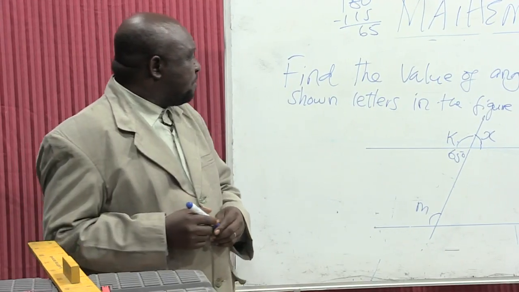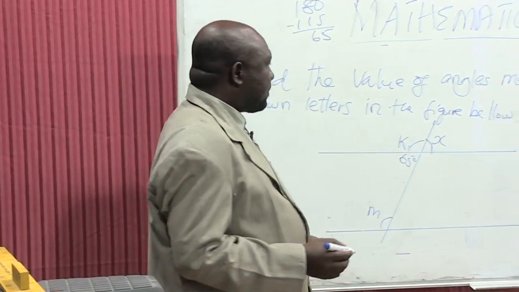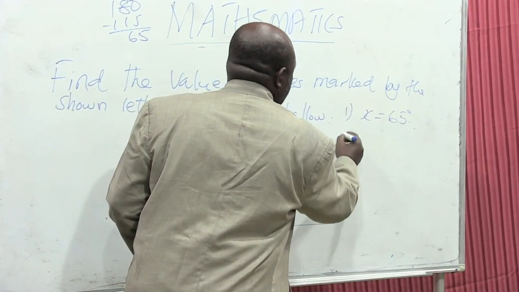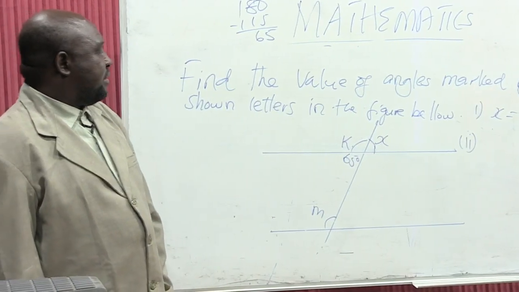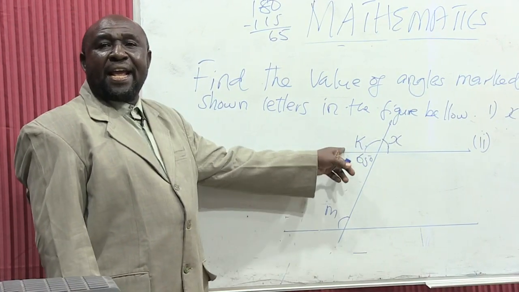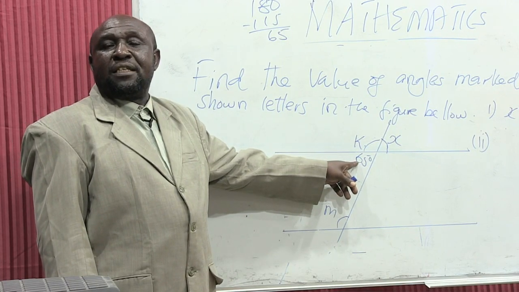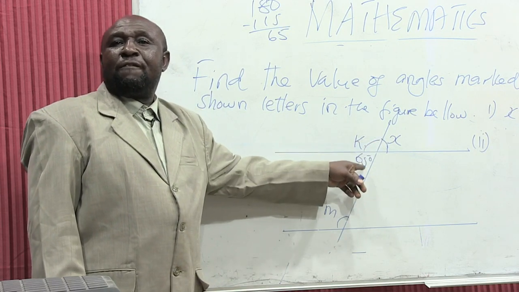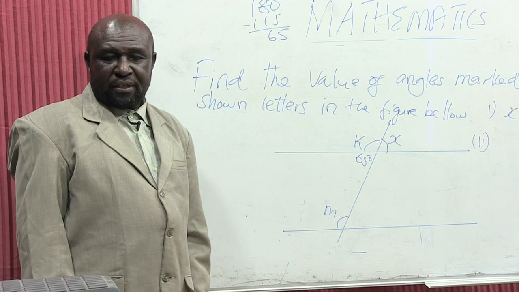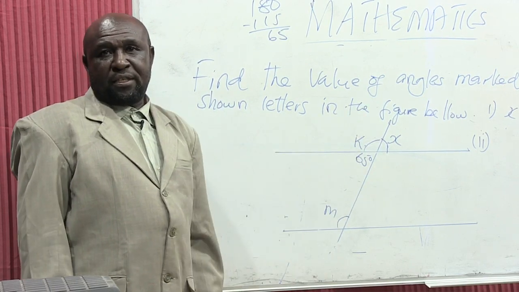Very good. Now what about the value of K? The value of angle K. Angle K and angle 65 are at the same point but are not opposite, so they are not vertically opposite.